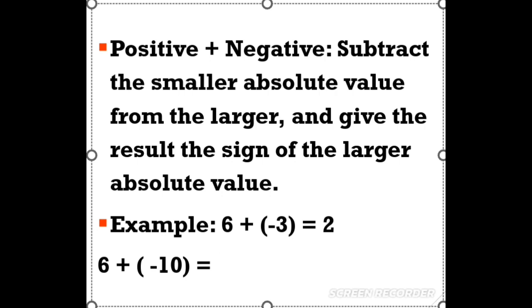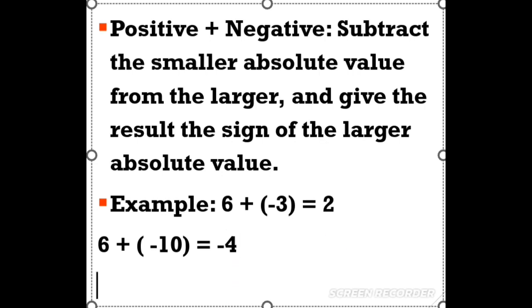The first thing we need to do is subtract the smaller absolute value from the larger value. 10 minus 6 will give me 4, right? And secondly, give the result the sign of the larger absolute value. Where is the larger absolute value? It's 10, right? And the 10 is negative, which involves minus. So which means 4 will also be minus.